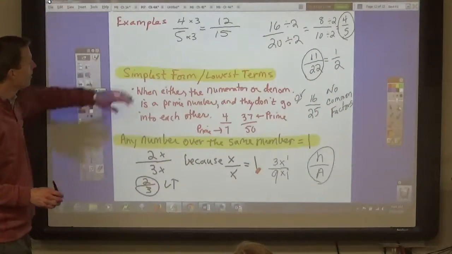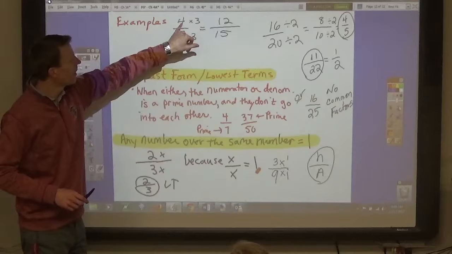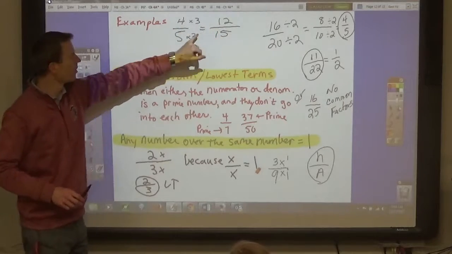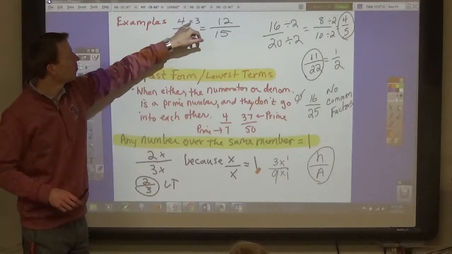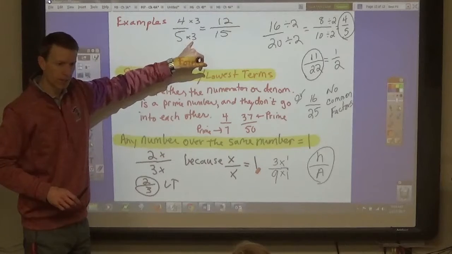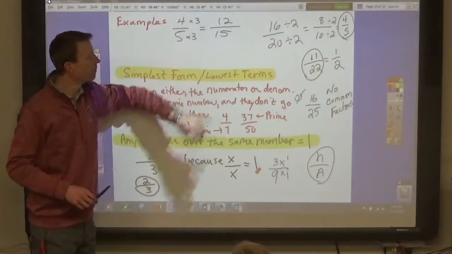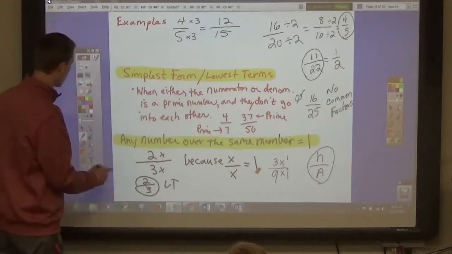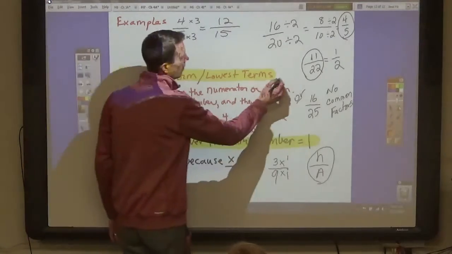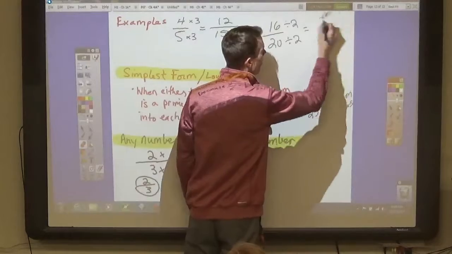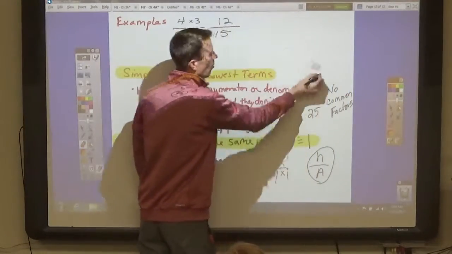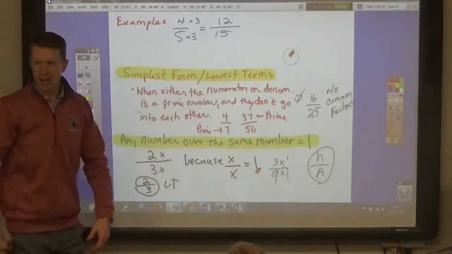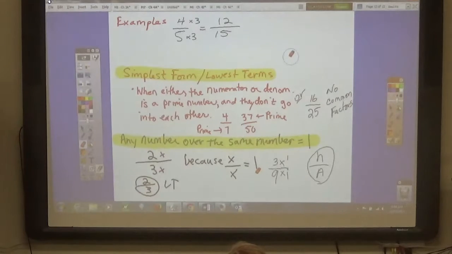Now, here's another example of creating an equivalent fraction, starting with 4/5. You multiply both by 3, you get 12/15. Okay? Now, with a fraction, when you are expressing it as an answer to a question, you have to write it in simplest form.